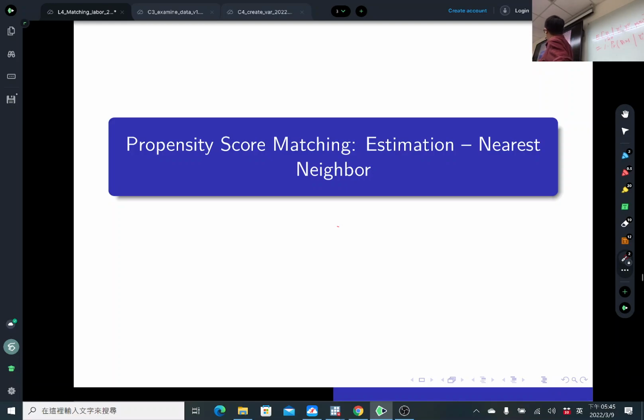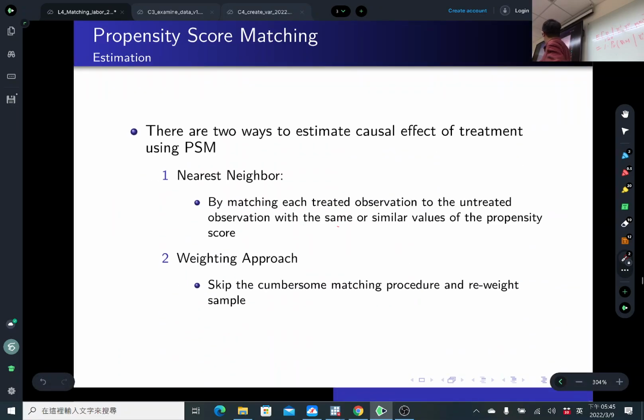So practically, how do we use propensity score matching estimation? There are two ways to estimate the causal effect of treatment using PSM, propensity score matching. One is the so-called nearest neighbor. Basically, as the name says, you match each treated observation to an untreated observation if they have the same or similar value of the propensity score.